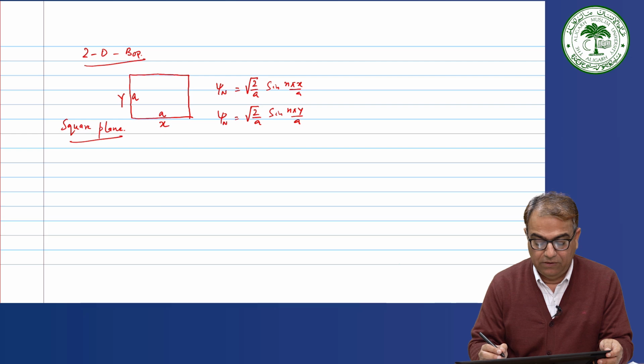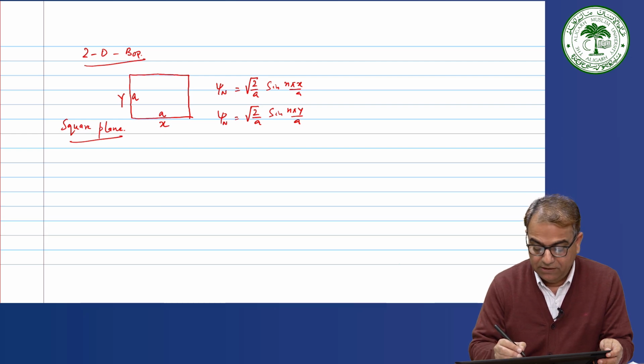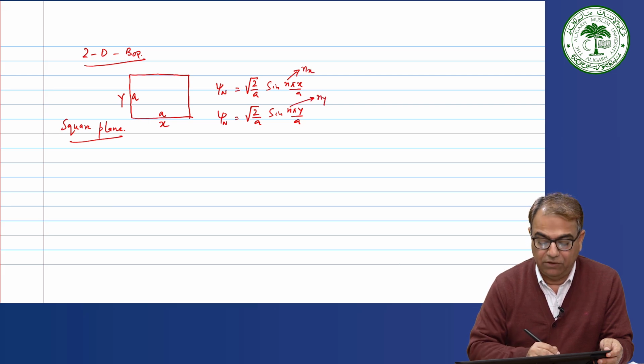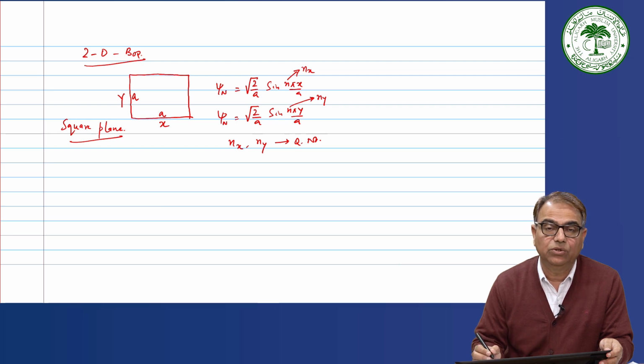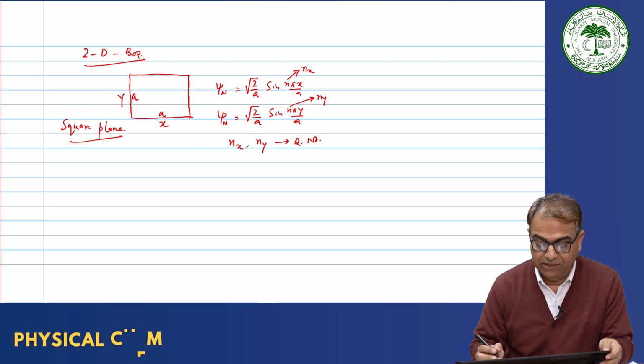For our convenience, this n is along the x direction, so you can put it nx, and this n is ny. So here you have nx and ny as the quantum numbers. Two quantum numbers you have, and again the value will remain the same.